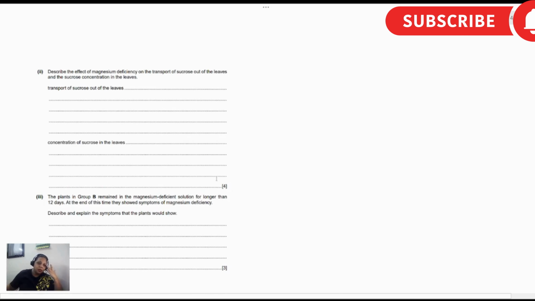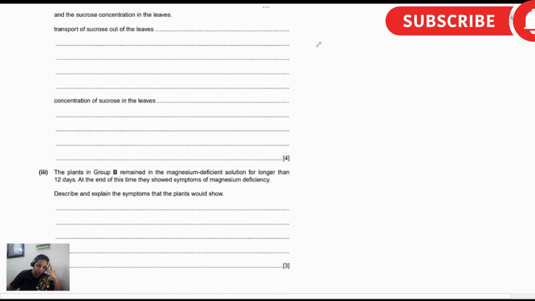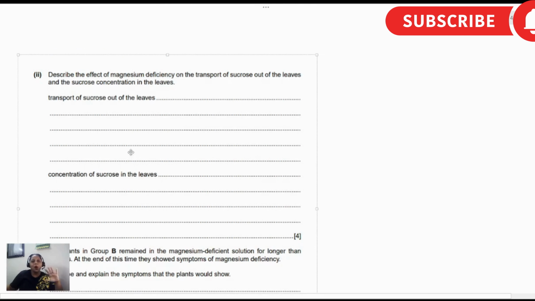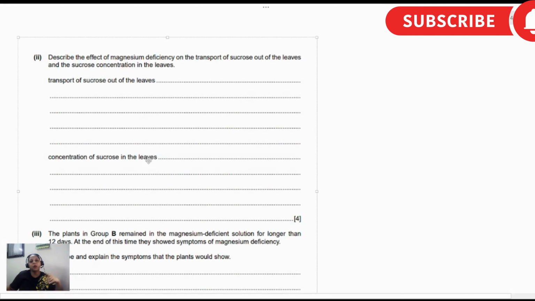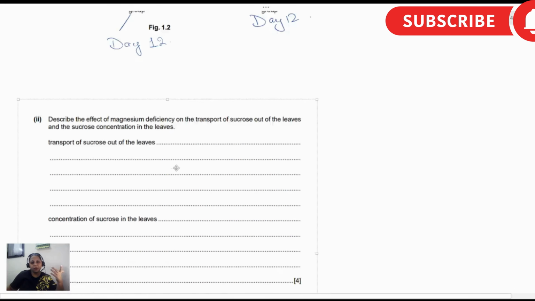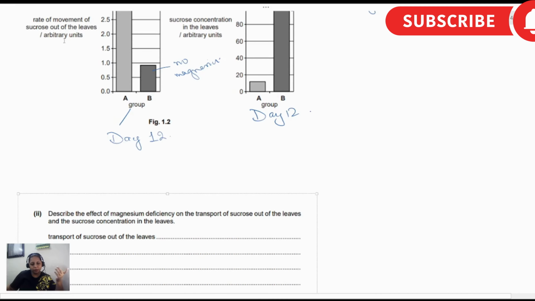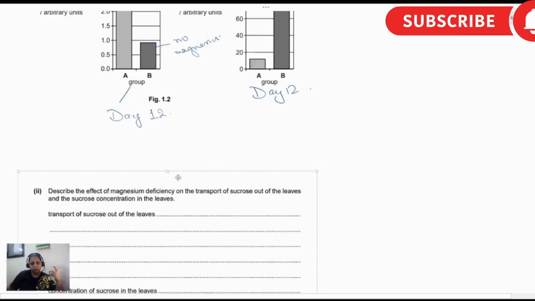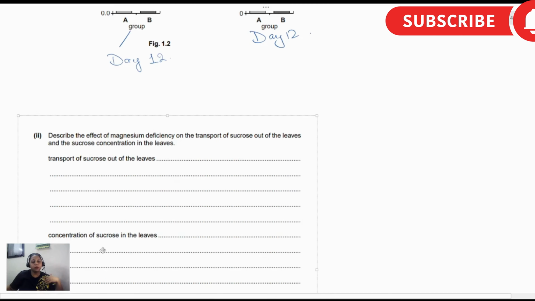Okay. So describe the effect of magnesium deficiency on the transport of sucrose out of the leaves. So if it is deficient, then it won't transfer.